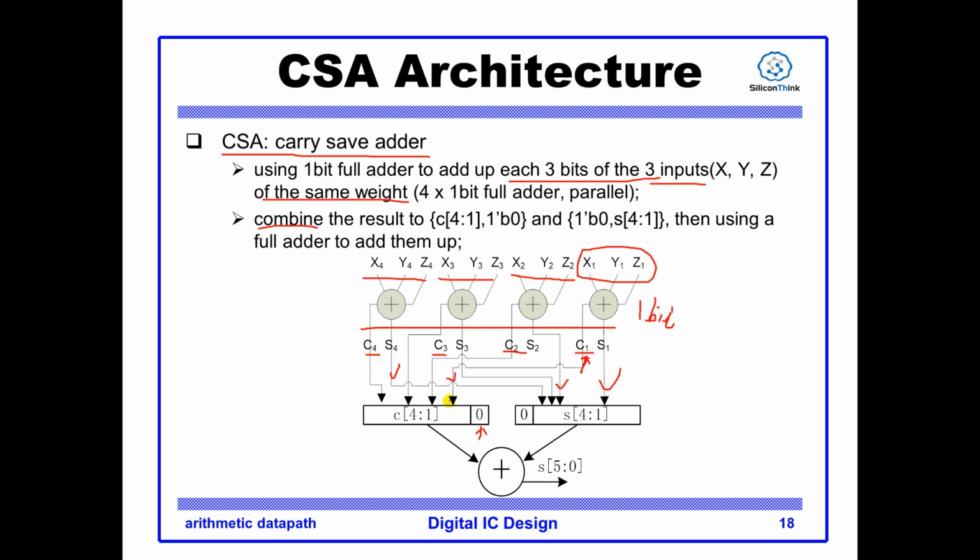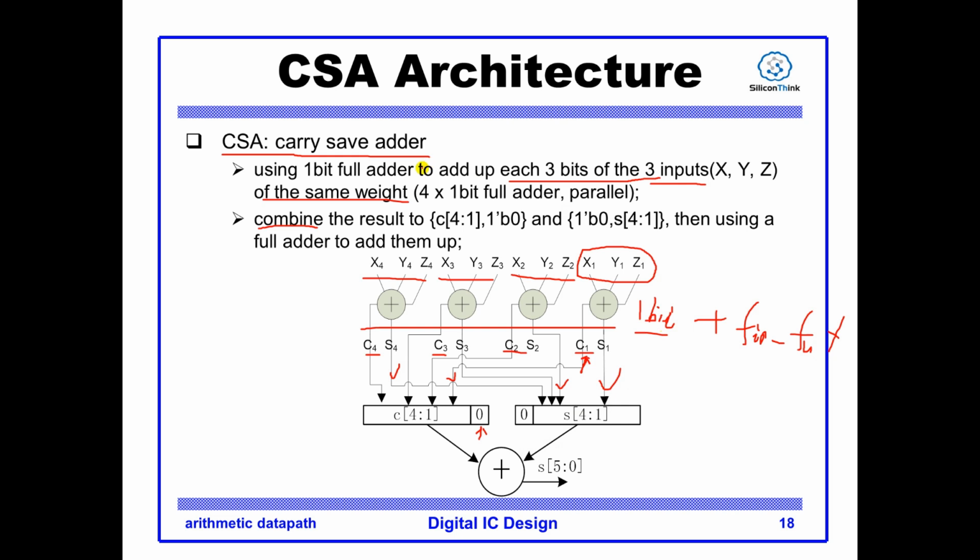These are the two numbers we combine from here. Then we use a final adder to add them up. So you can see the delay here is just one 1-bit full adder plus the final adder. So this should be much smaller than the previous one.